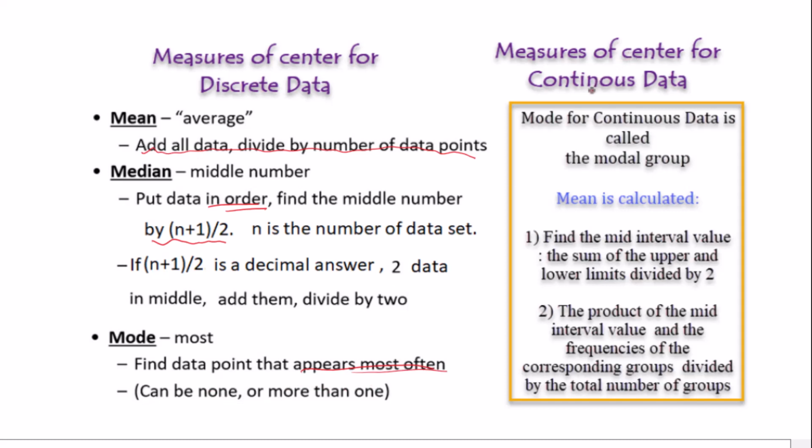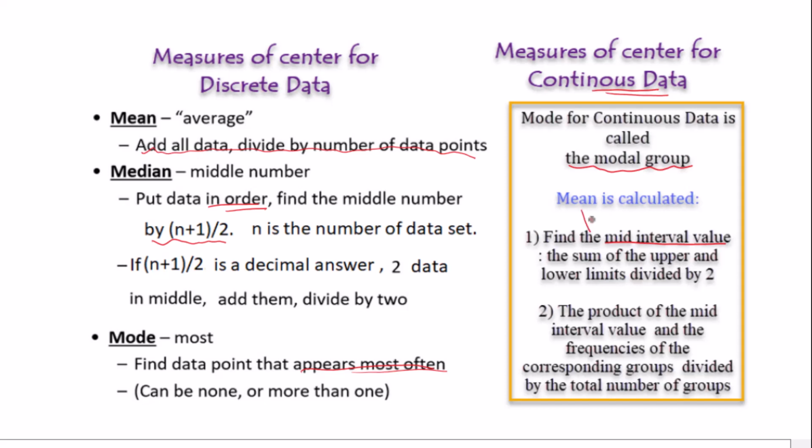For continuous data, when you measure the central tendency, we call that modal group instead of mode. The mean of continuous data is calculated like this. First of all, you need to find the mid-interval value, the sum of the upper and lower limits divided by 2.